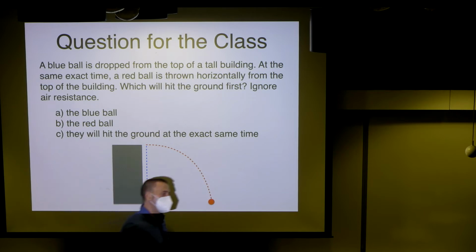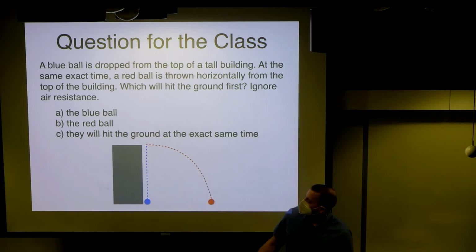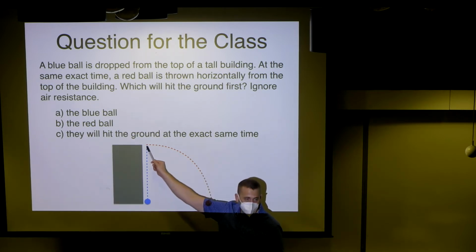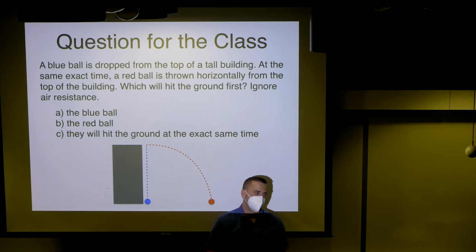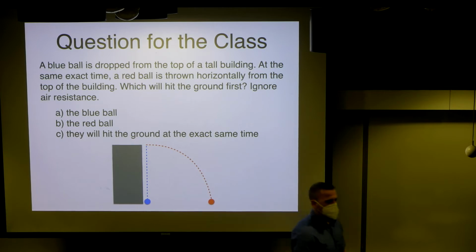But in terms of their y motions, it's exactly the same thing. This one starts off with no velocity in the y direction. And so does the red one, in fact. So for that reason, they start with the same y velocity, they start from the same y position. It should take them the same exact amount of time to hit the ground, because their y motions are identical.